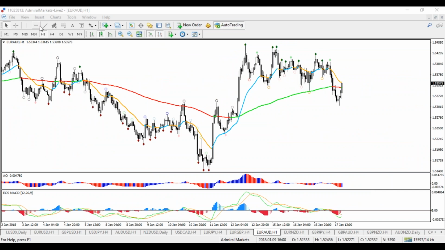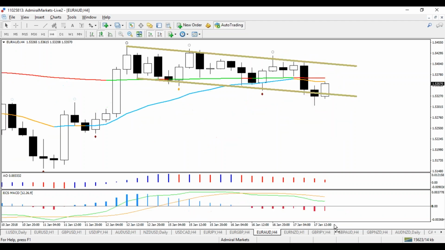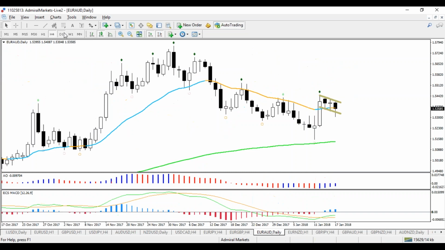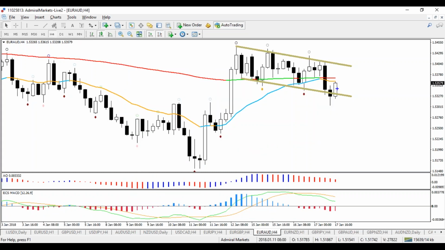So there we go. It broke this flag. Therefore I was thinking of a deeper correction, but it's moving up already. So it's a little bit difficult at this moment. Let me count the days here. It still seems likely that price might make a little bit deeper retracement at this moment.